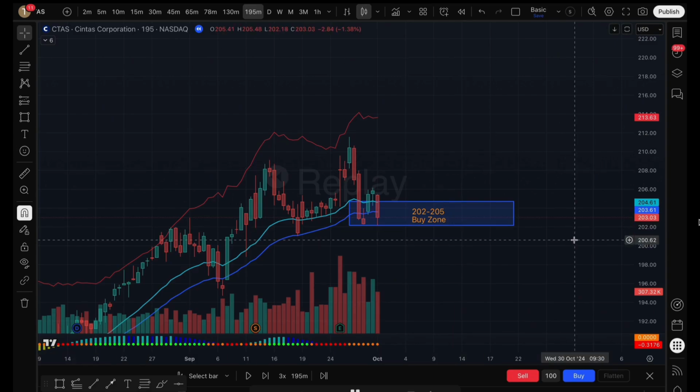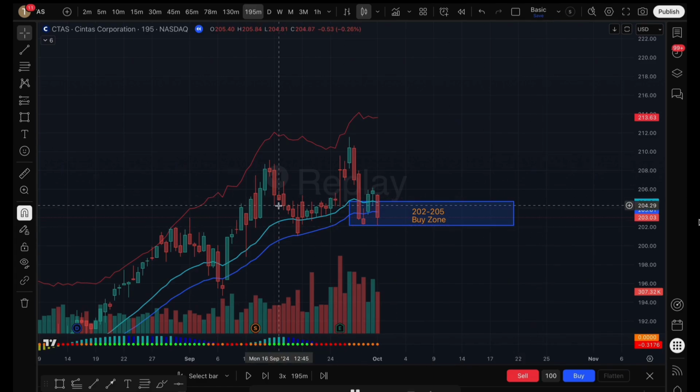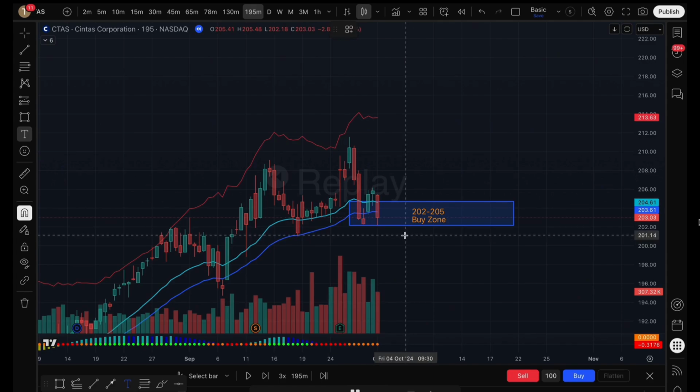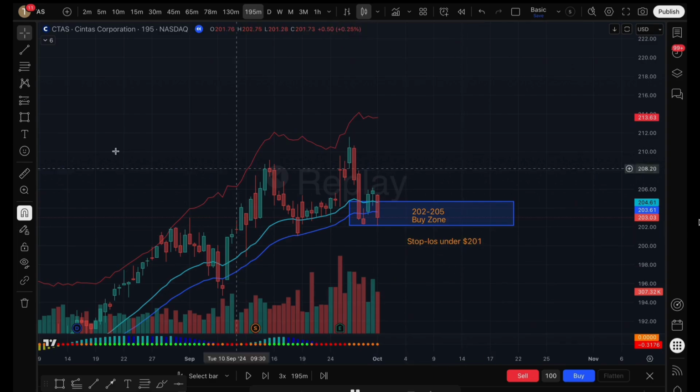So typically I like to exit my positions underneath my zone. So if the zone is 202, I would do something like stop out under 201. Okay, so stop loss under 201. And then for a take profit, I'm going to use this tool here, the Fibonacci retracement tool.